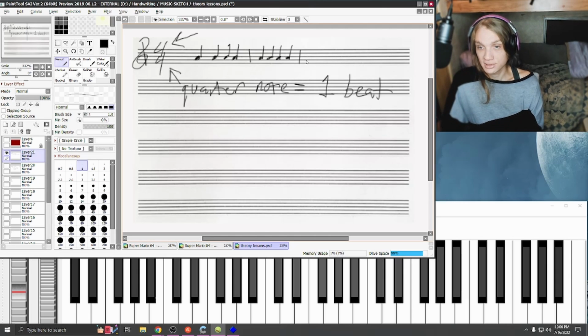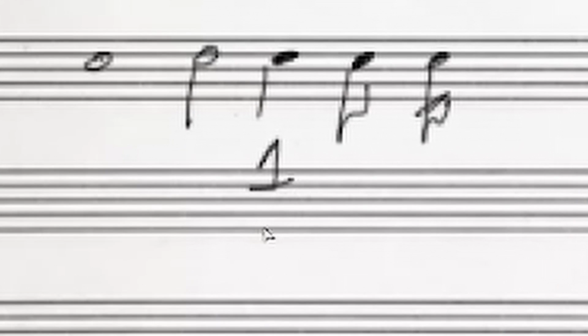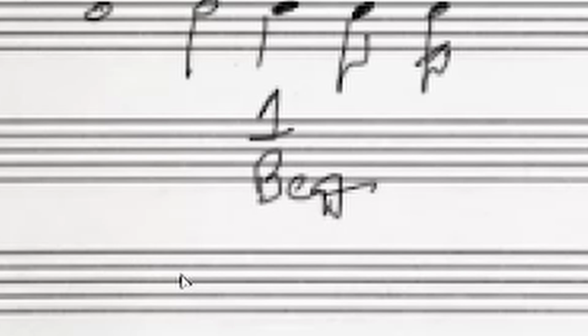And of course, that means that since quarter note is the one, that this is 1 beat. So then you have a half note is equal to 2 quarter notes tied together.